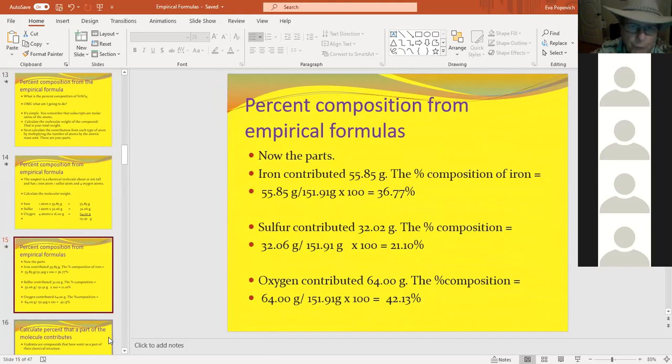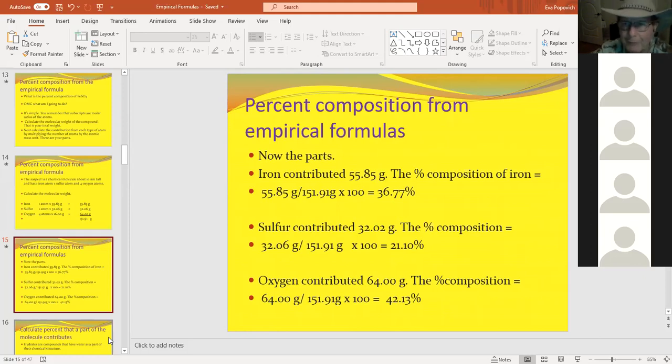I divide sulfur's atomic weight by the molecular weight, I get 21.10. Oxygen, I have to remember that I have 4 of them, so I multiply 4 by the atomic weight of oxygen, 4 times 16, 64. I divide that by the molecular weight, and I get the percent composition of oxygen.